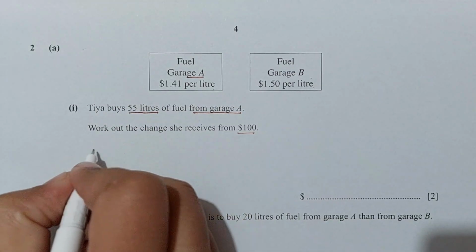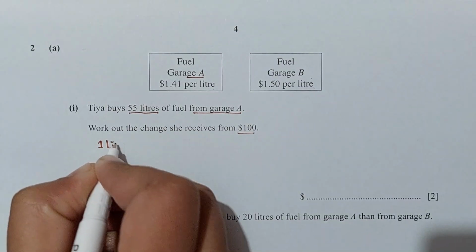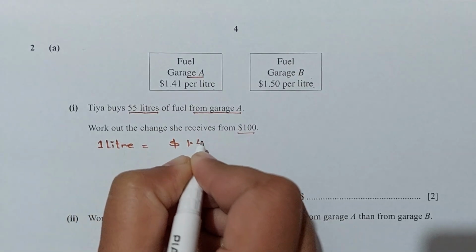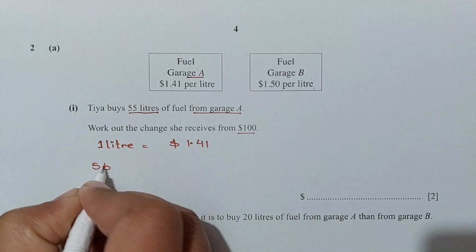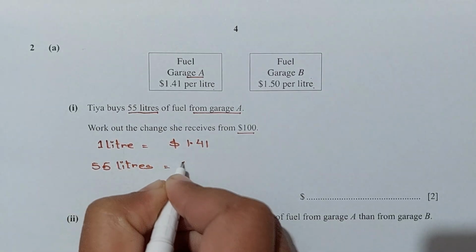Okay, so Taya buys 55 liters of fuel. So 1 liter is $1.41 for garage A. What is it for 55 liters? This is in dollars.